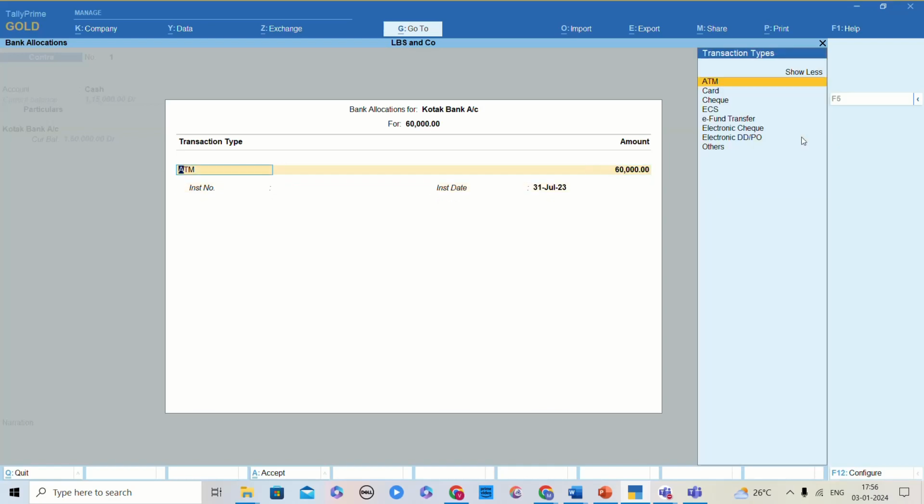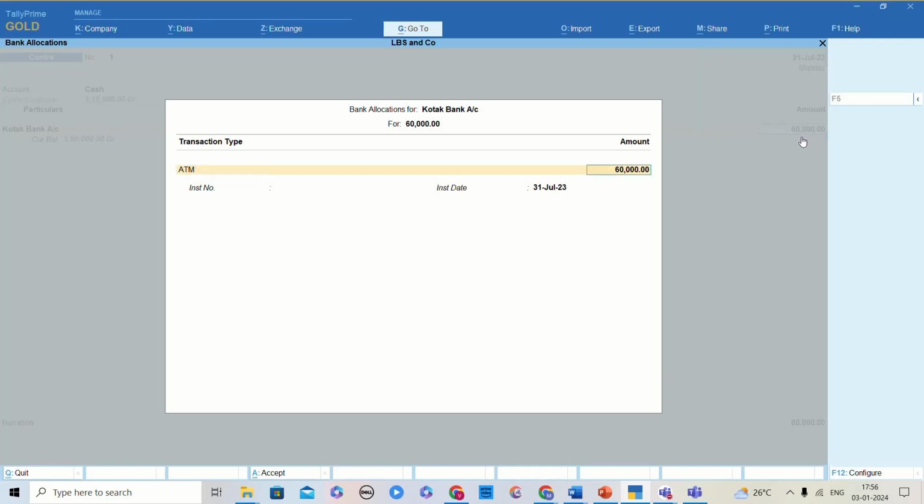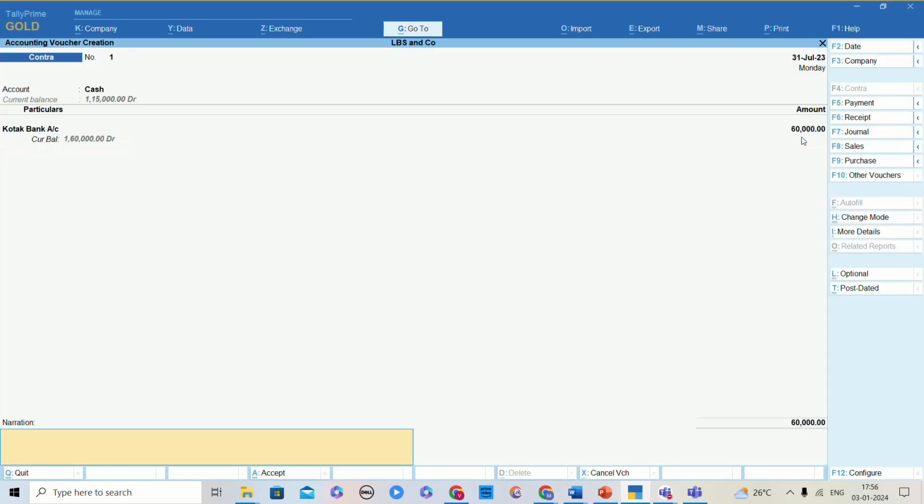Yes, you can take ATM and save it. Here give the narration: cash withdrawn at ATM from Kotak Bank account.